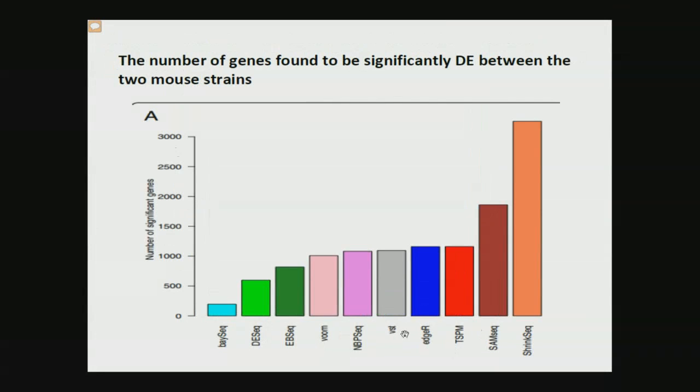But at the same time, DESeq is not as powerful as Limma. So that's why in the previous slide I said Limma has a good combination of power and false discovery rate control.